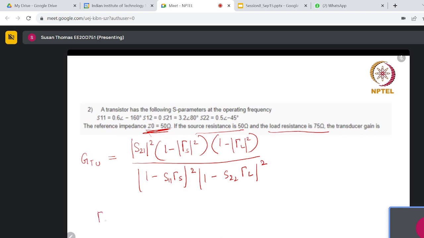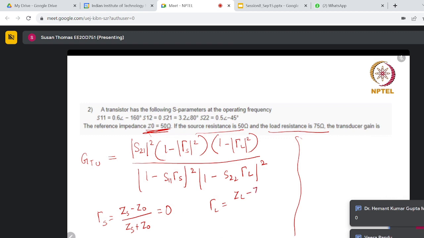So here, what is gamma S? Zs minus Z0 by Zs plus Z0. Any answers for gamma S in this question? What should be gamma S? 0. Yes, right answer. Similarly, what should be gamma L?